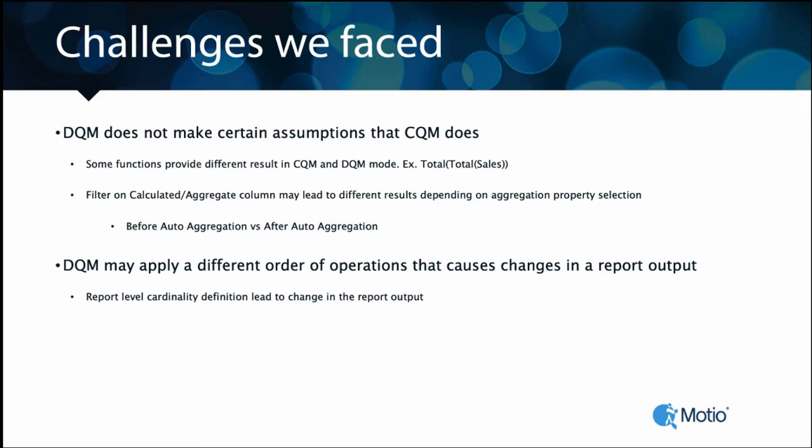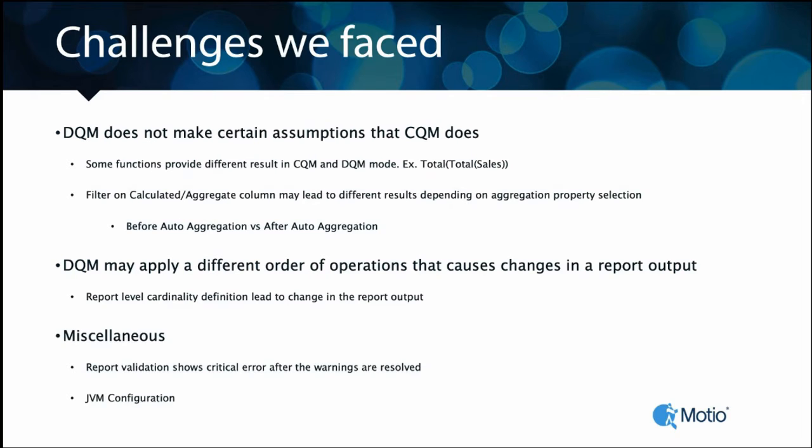It seems the cardinality between joins of queries becomes a lot more important in dynamic query mode than in compatible query mode. In compatible query mode, it ignores whatever cardinality you have defined. But in dynamic query mode, it takes it very religiously. So look for it. You have to make sure that the cardinality in the report is defined correctly.